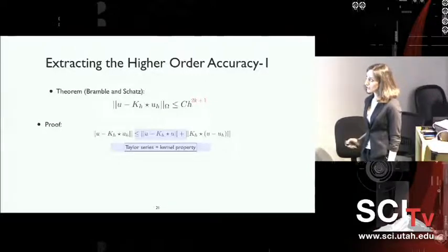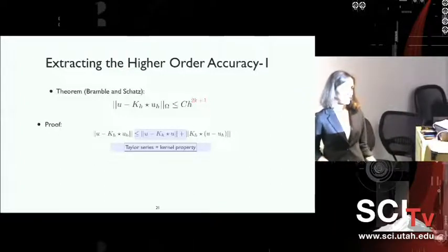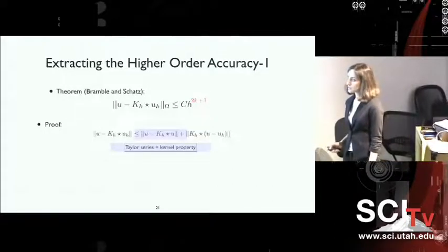To show this higher order accuracy for the first term, we use the kernel property that I mentioned before, that it needs to reproduce polynomials up to degree 2k. And by using a Taylor series, we can easily show this error estimate for the first term.